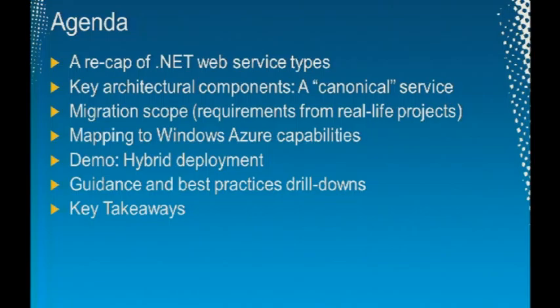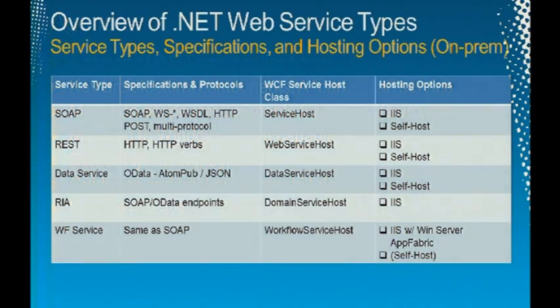After that, we will see how the capabilities in Azure map to on-premises capabilities that we are all familiar with. Thiago is going to do a demo of a hybrid deployment, which follows pretty much the pattern that we are going to introduce in the canonical service. And then we are going to start focusing on the best practices learned from those engagements.